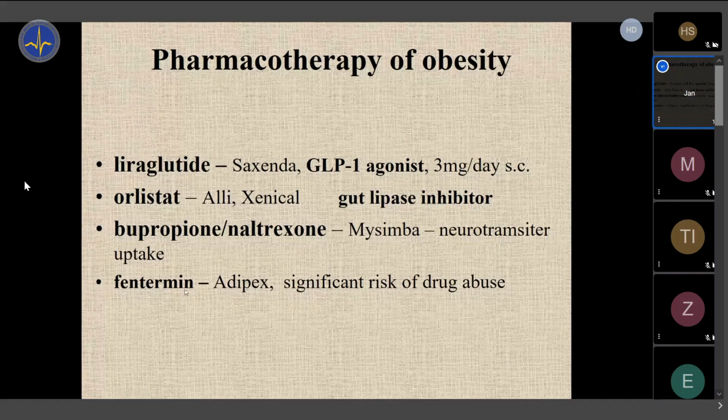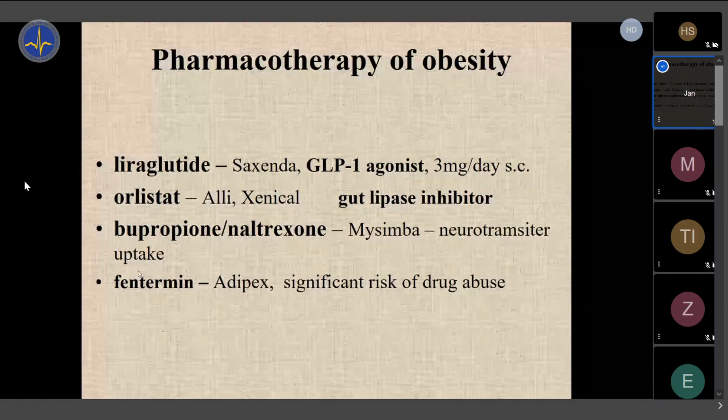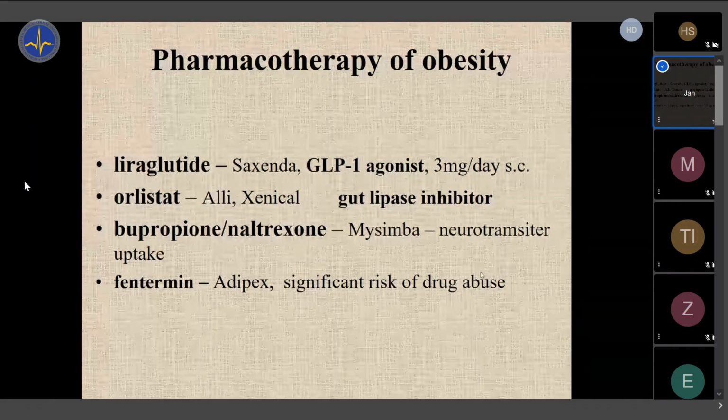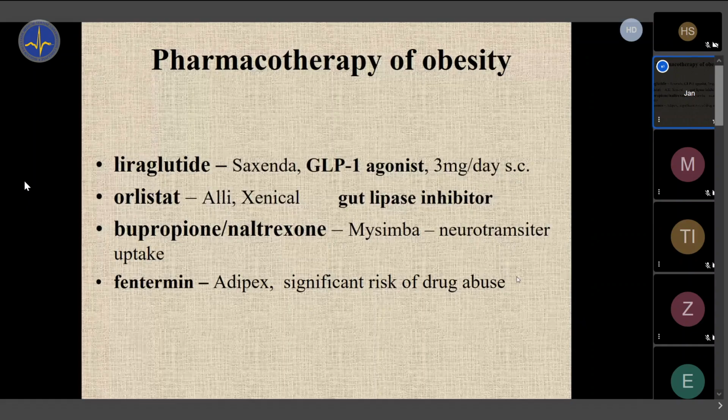Phentermine is a stimulant with a structure similar to amphetamine drugs, and because it has been used and abused by drug dealers and people dependent on drugs, it's now not prohibited, but you need to write it on a special prescription. It's followed up, so it exists but is not really used. So remember, liraglutide, orlistat, and bupropion-naltrexone as a combination drug for obesity treatment.